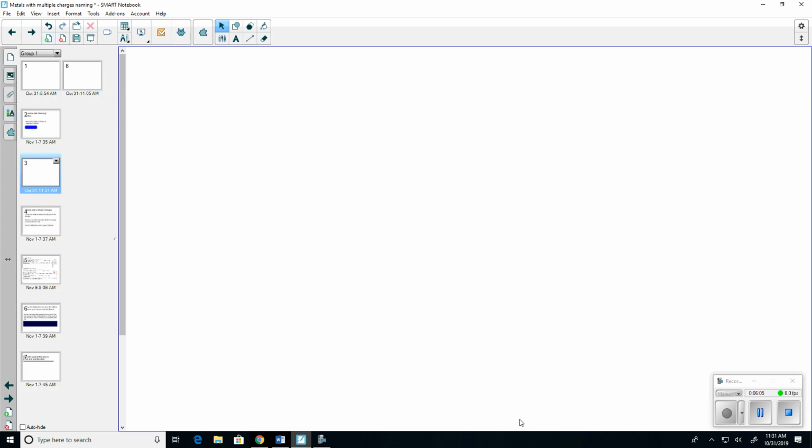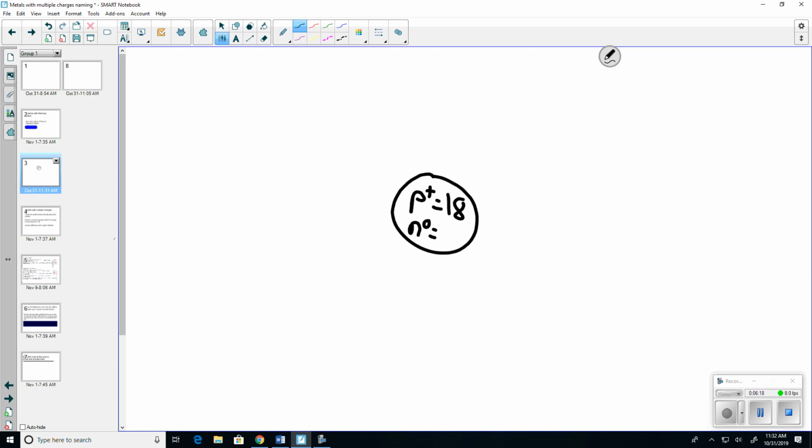Bohr model should start with a nucleus. And if it's argon, it has 18 protons. The mass of your isotope on your note sheet is 40. 40 minus 18 is 22.